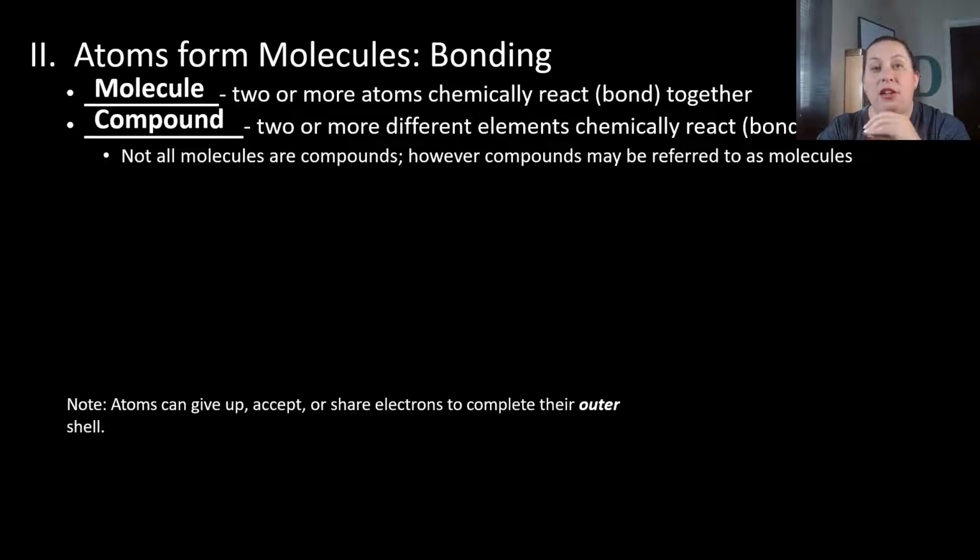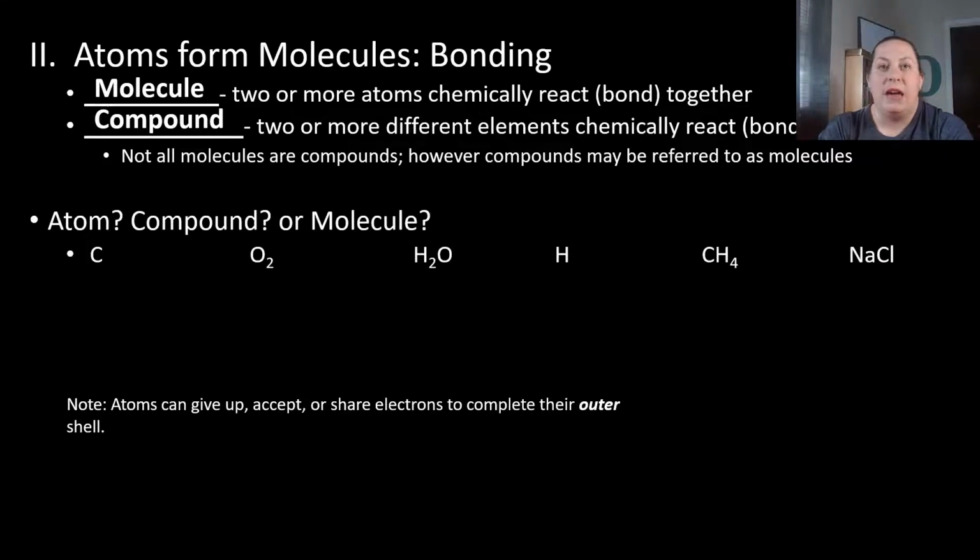Rectangles are shapes that have four sides. However, if the four sides are equal, they are called a square. So you have the same thing here. If we have two things bonded together, no matter what they are, it's definitely a molecule. But if those two things are different, it's also a compound.